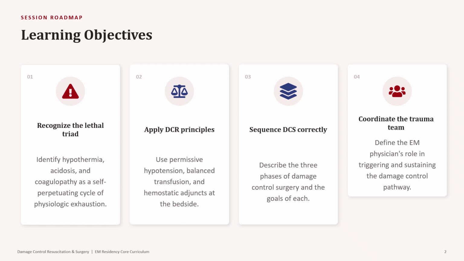How we are going to apply the damage control resuscitation principles, like using permissive hypotension, balanced transfusion, and hemostatic adjuncts at the bedside. Sequence DCS correctly. Describe the three phases of damage control surgery and the goals of each of these phases. And coordinating the trauma team, defining the EM physician's role in triggering and sustaining the damage control resuscitation path.